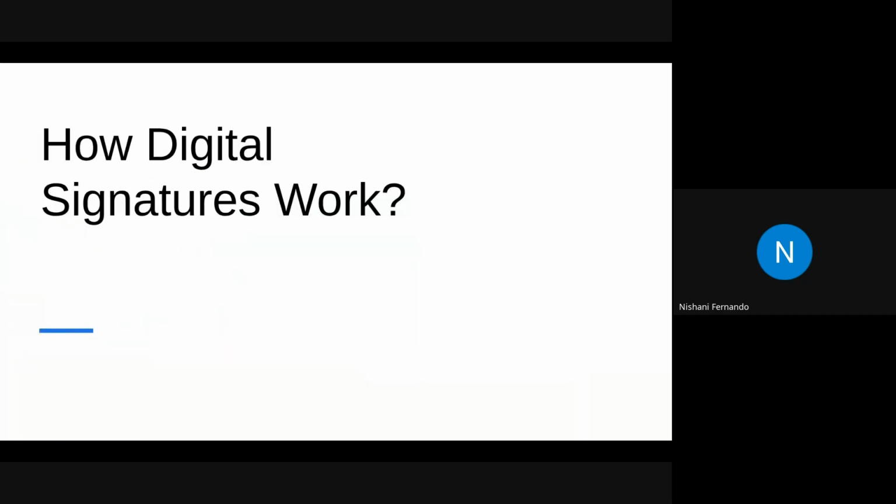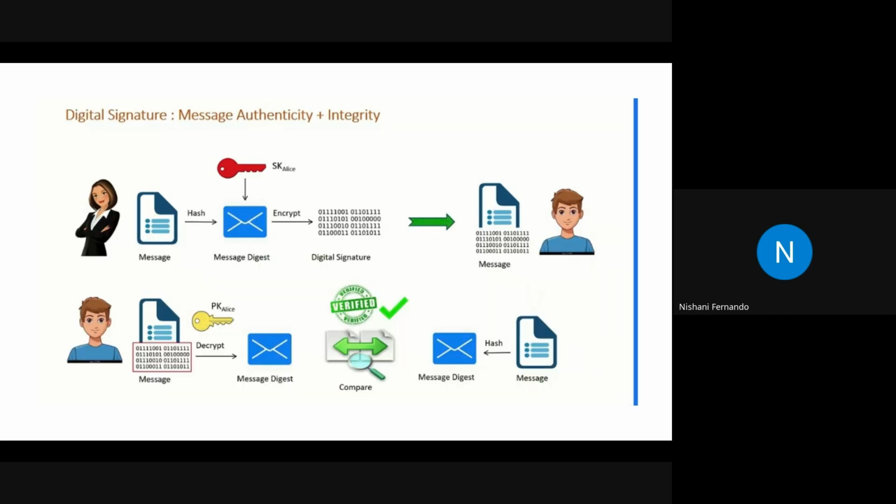First, I'll explain how the technical side works when it comes to digital signatures. Let's go through this image. Take this lady, she's the person sending the document, and the gentleman is the one receiving it.